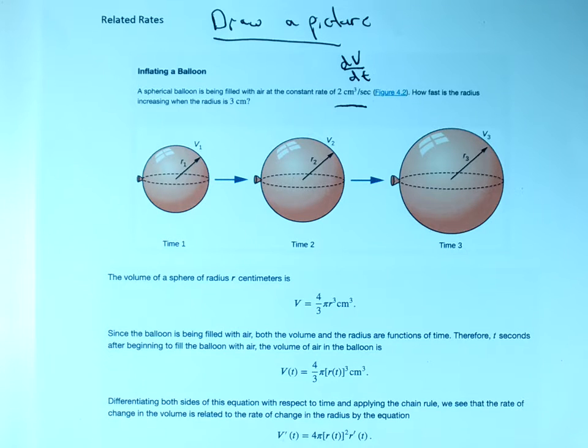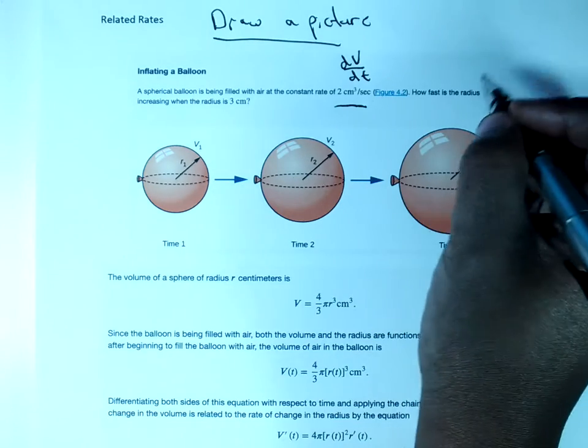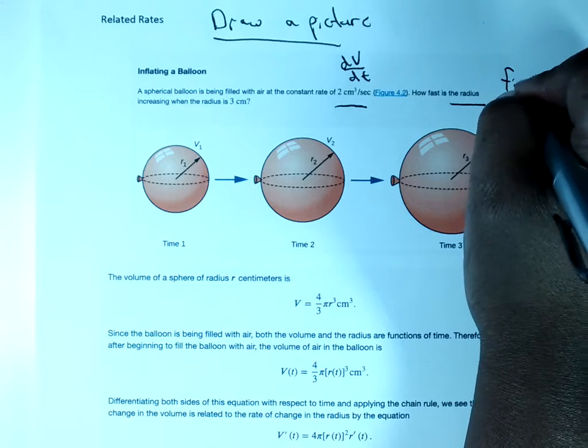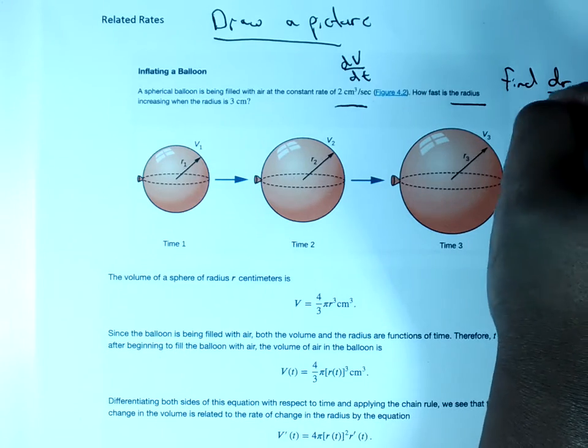So we're going to set this up, take our derivatives, because we're talking about how things are changing over time, right? The radius and the volume are changing over time because it's being inflated. And then we're going to solve for, in this case, we want to know how fast is the radius changing. So we want to find dr dt.